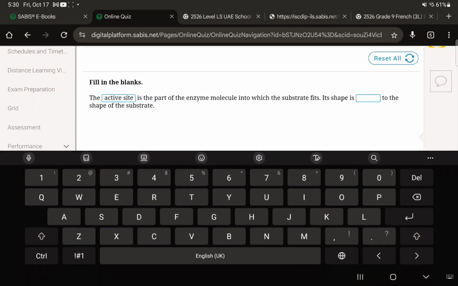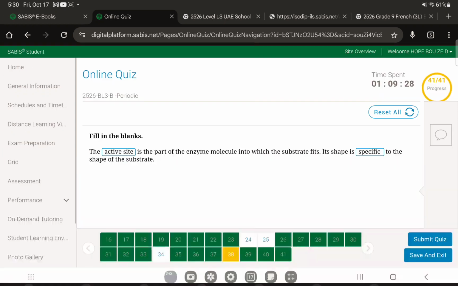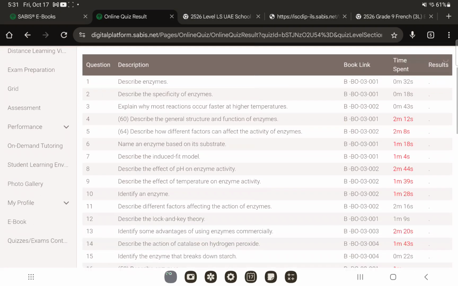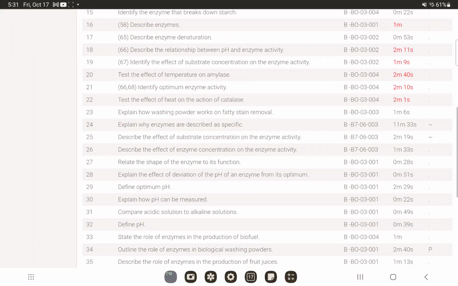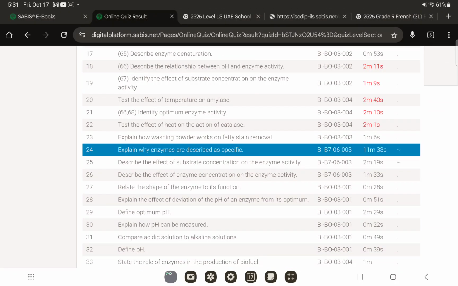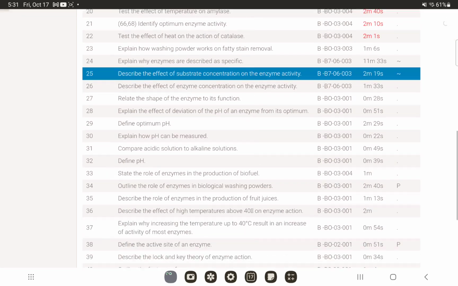Its shape is specific. I think so. Specific. Let's see. Okay. So the other ones are correct. I just used the wrong word for it.